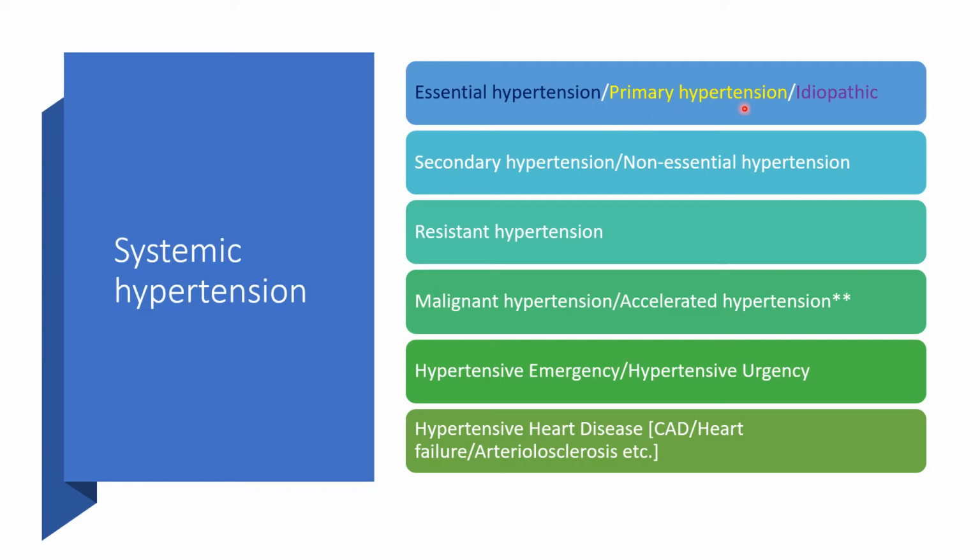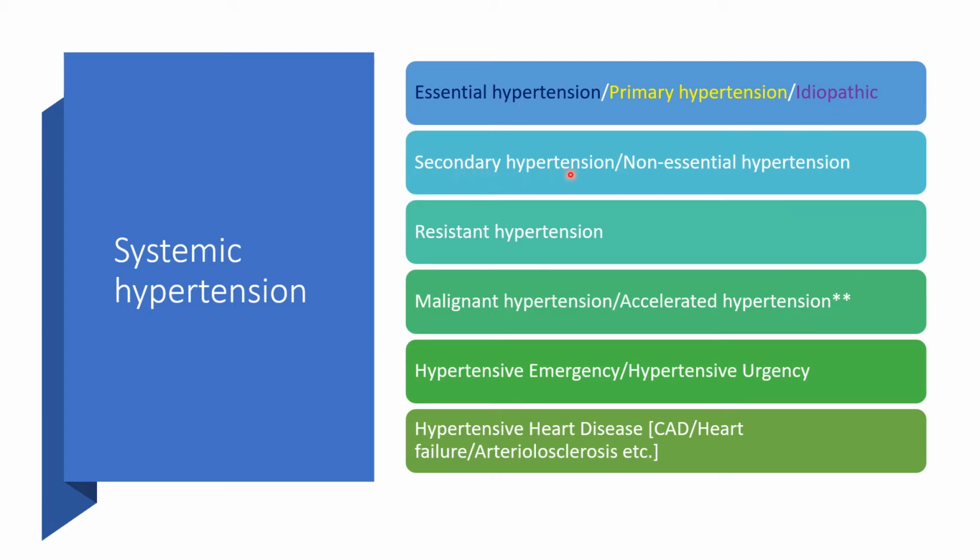That accounts for about 95% of cases of hypertension in all human beings. So it's now known as primary hypertension, formerly essential hypertension, but could be referred to as idiopathic because we cannot trace the cause.